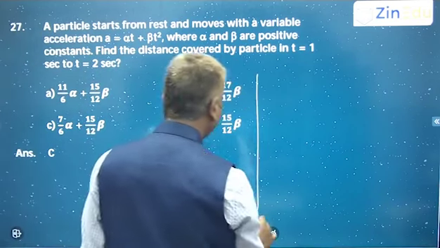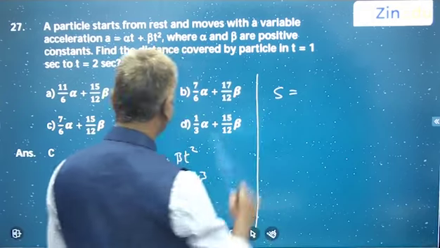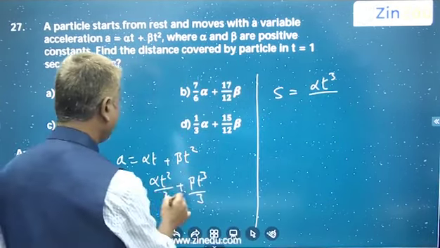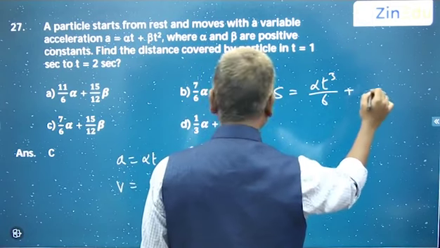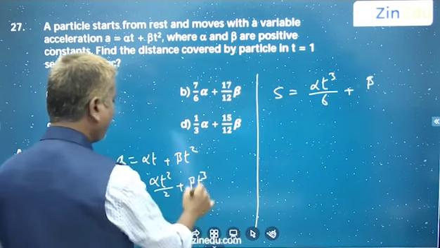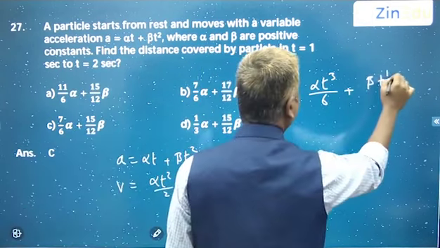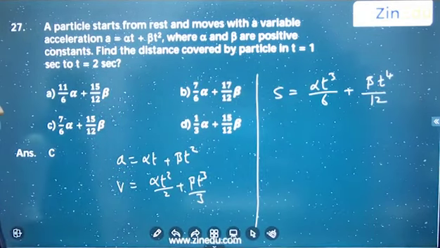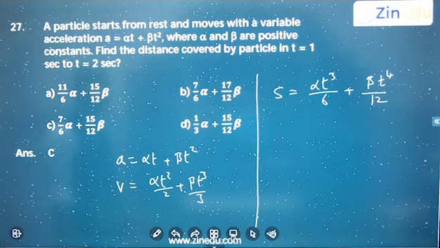Now coming to the displacement. You'll get alpha t cube by 6 plus beta t power 4 by 12. So that is the displacement. Then they are asking for the distance covered from 1 to 2 seconds.